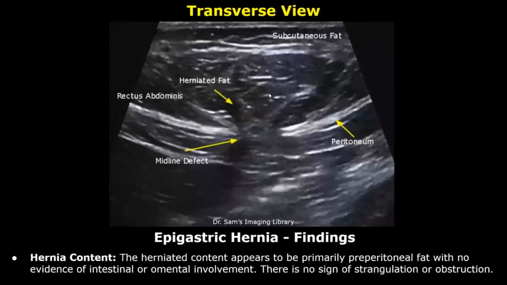The second section of the findings is hernia content. The herniated content appears to be primarily preperitoneal fat with no evidence of intestinal or omental involvement. There is no sign of strangulation or obstruction.